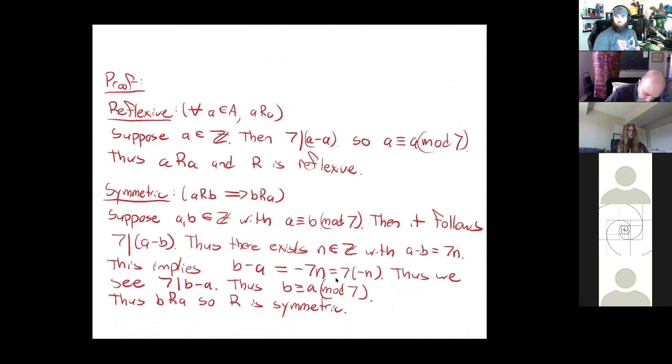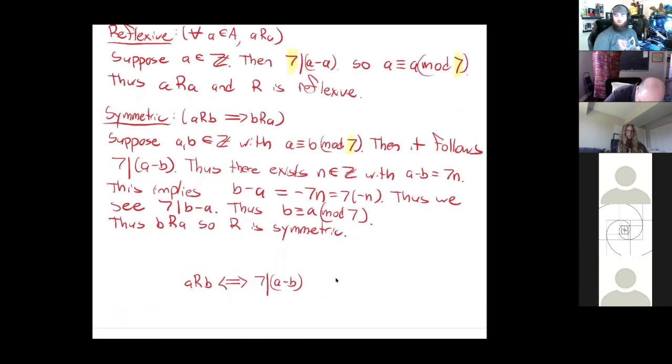And all I need to do here is take each of those 7s and replace it with an n, and nothing would really get affected. The only thing that I might want to change in addition is the fact that I did use an n in my previous proof. So I'm going to change that to a k.